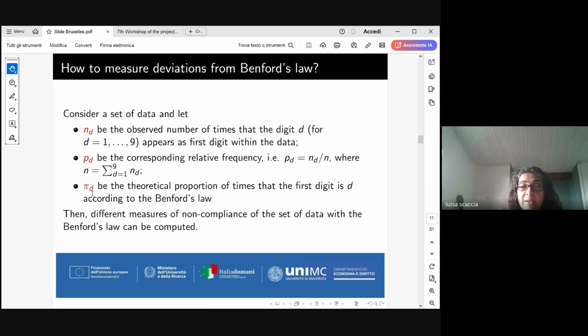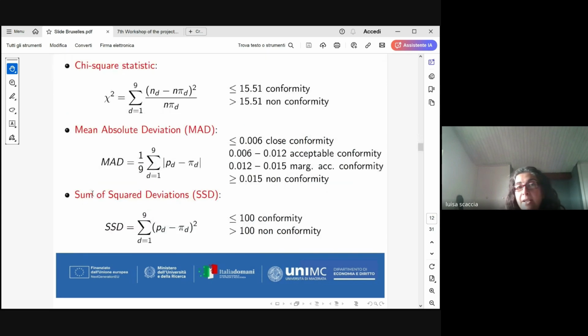So we can develop different measures of non-conformity with the Benford law, and I'll show you here just three of them very often used. The first one is the chi-square statistic, which is simply the sum of the square differences between the observed number of occurrences and the theoretical one under the Benford law, divided by the theoretical one.